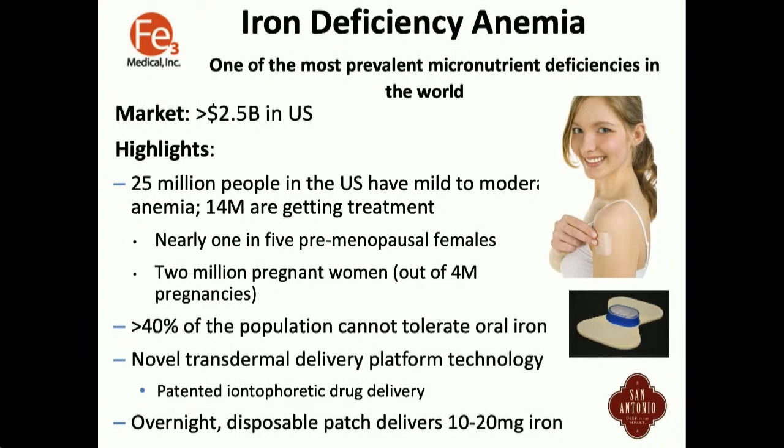Iron deficiency anemia is a big problem, I know, in India. It's a big problem in the US as well. You can take oral iron, right? I can go to a drugstore in the US or India and get iron pills. But about half of women, and 80% of the affected population is women, can't tolerate oral iron. They get GI issues.